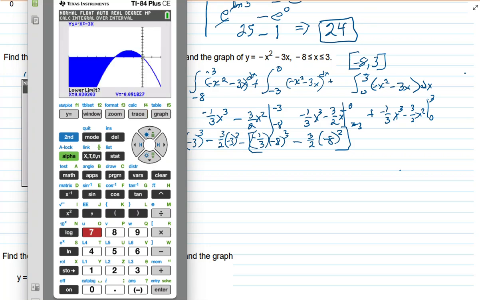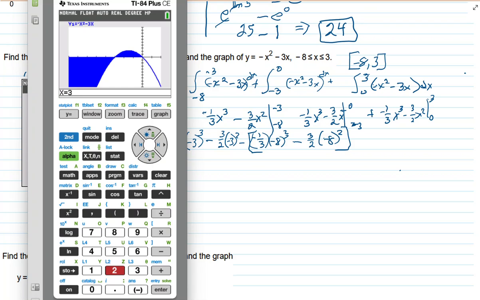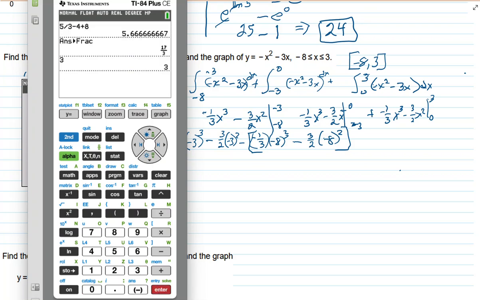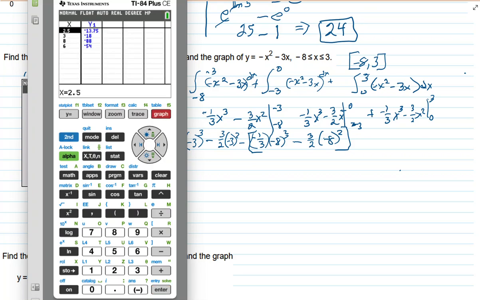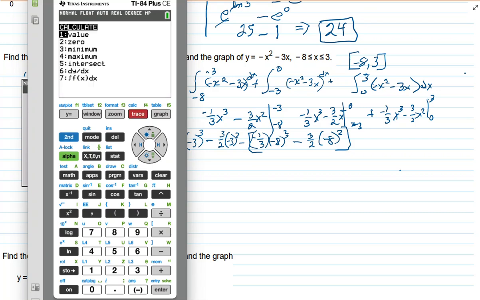Now I can do it from here, from 0 to 3. Oh, sorry. 0 is the lower, and upper is 3. Didn't take it. Why didn't it take it? Let me do it again because it's driving me nuts.